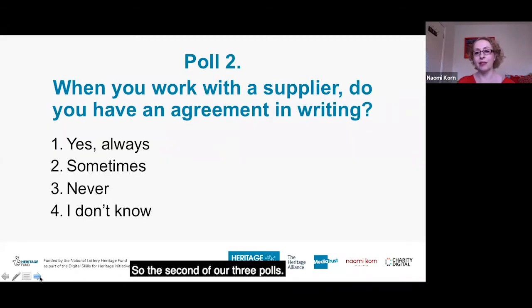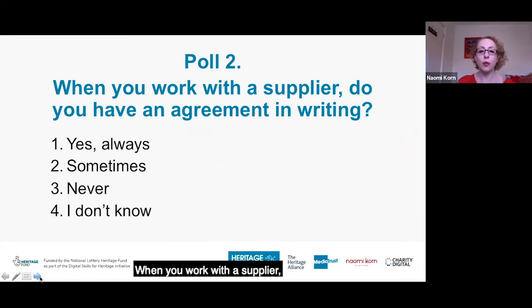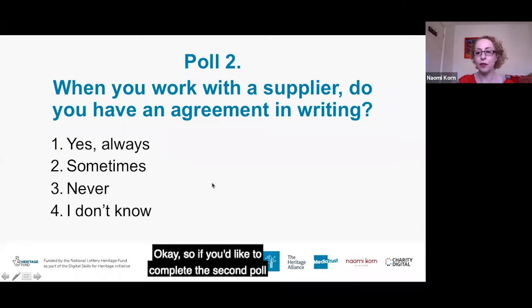So the second of our 3 polls, so we can start mapping out a direction of travel for us. When you work with a supplier, do you have an agreement in writing? So if we could have the next poll, please. Thank you very much. So is the answer yes always, sometimes, never, or I don't know? Okay, so if you'd like to complete the second poll, and then we'll discuss the answers and take it from there.